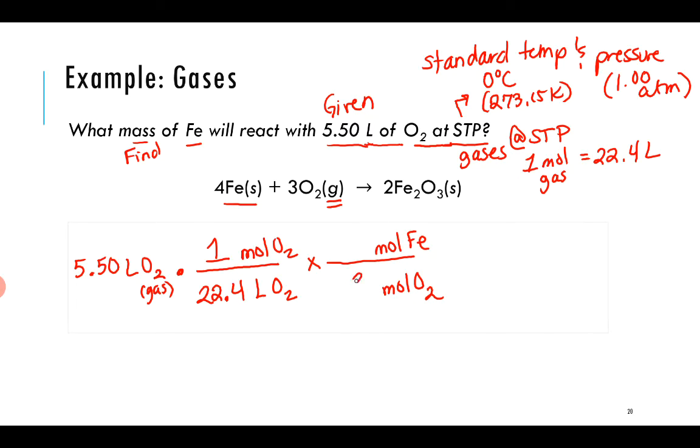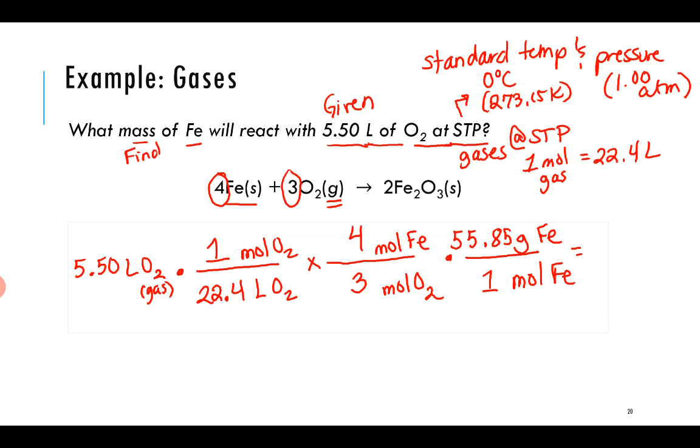And so that will be a 3 coefficient and a 4 coefficient. And now it's asking me to find a mass of iron. So I can cancel out my moles of iron and I can find my grams of iron. And if I look on my periodic table, my molar mass of iron is 55.85 grams.